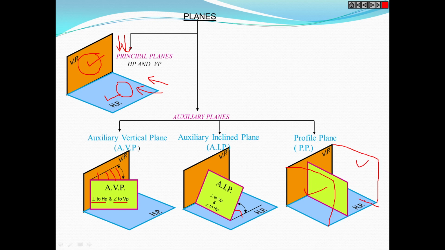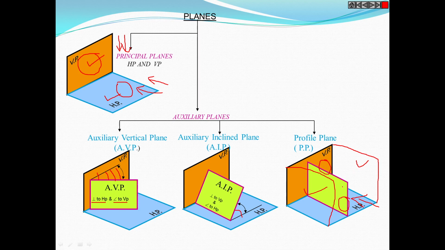You are looking from this side, so this is the front view. You will get the front view on the vertical plane, the top view on the horizontal plane, on the LPP the right hand side view, and on the other plane the left hand side view.